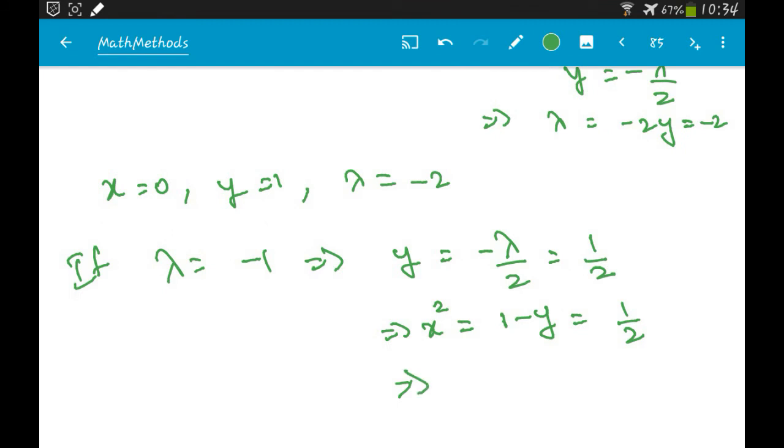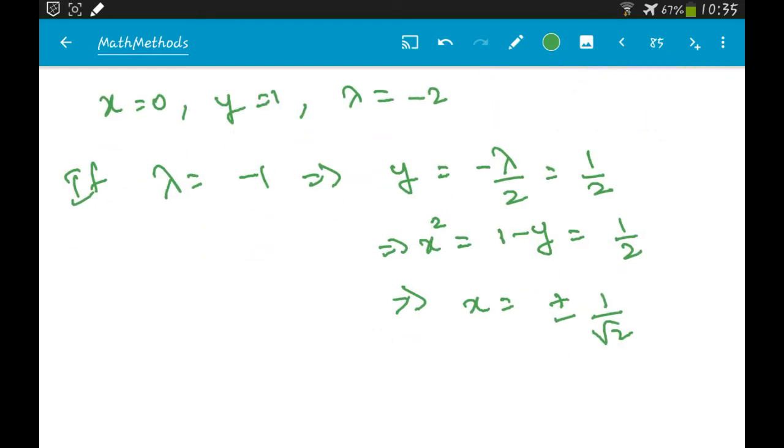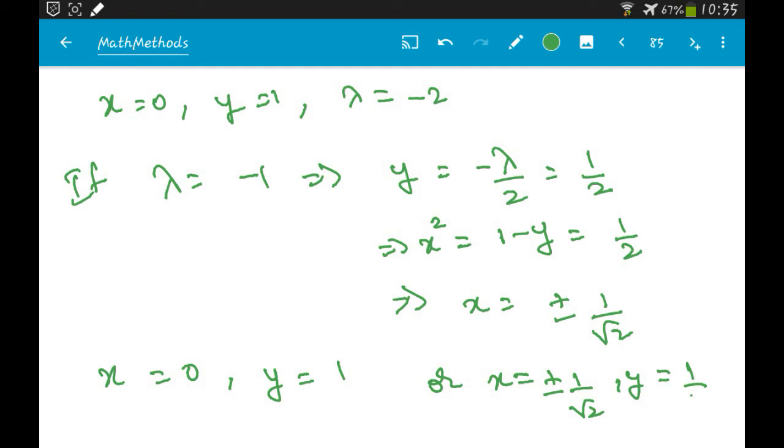So x will be plus or minus 1 by root 2. So you've got the values now, right? The points are x is 0, y is 1, or x is plus or minus 1 by root 2, y is half.